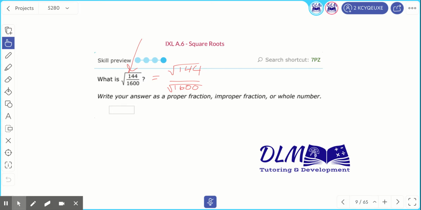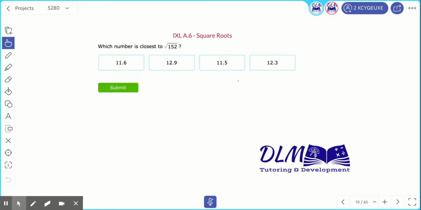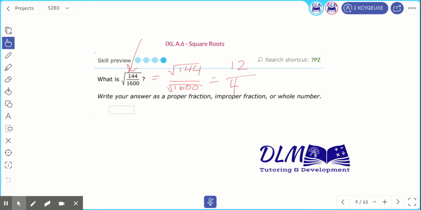And so here, all I need to do in order to solve this is to simply think back to my multiplication chart. 12 times 12 is going to give me 144. So I know that the square root of 144 is 12. And then, as I said before, 16 is made up by 4 times 4. So I know 4 is going to be that first number.